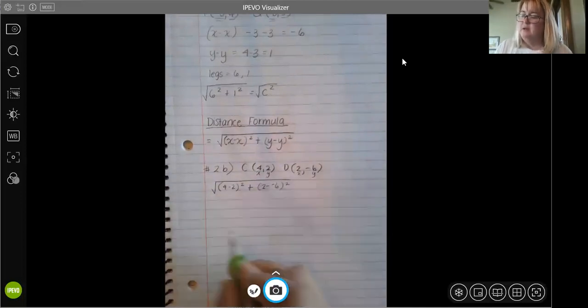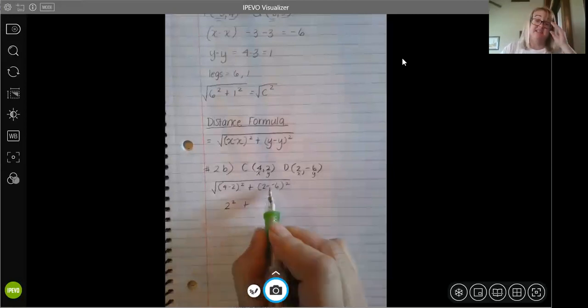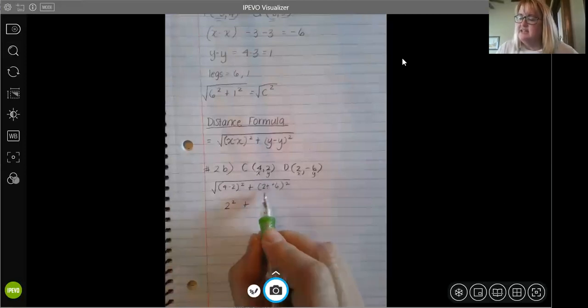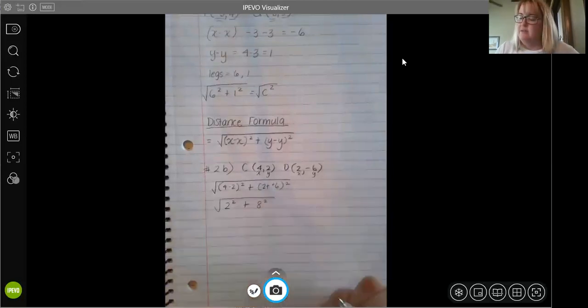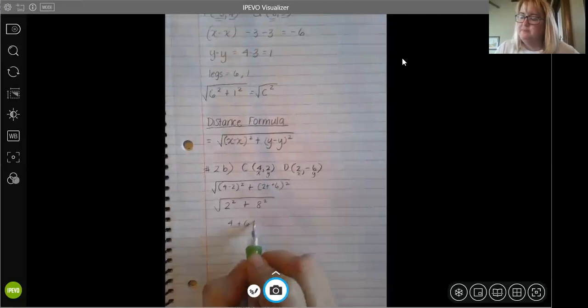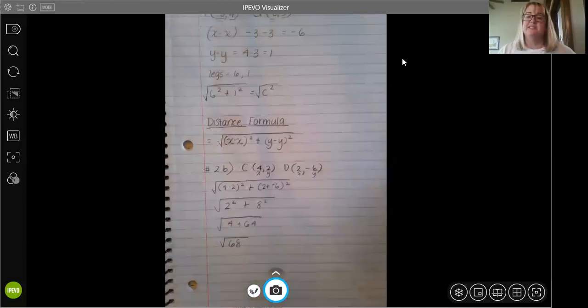squared. Well, 4 minus 2 is 2 squared plus 2 minus a -6. Subtracting a negative is the same thing as adding a positive. So 2 plus 6 is 8. We're squaring that. And then 2 squared is 4, plus 8 squared is 64. 64 plus 4 is 68. So we need to find the square root of 68.